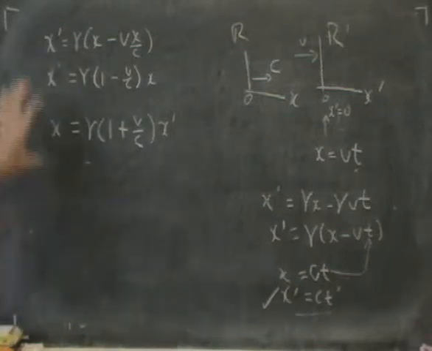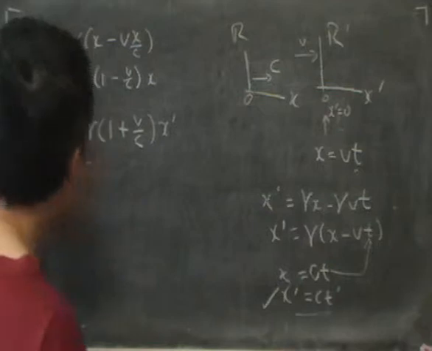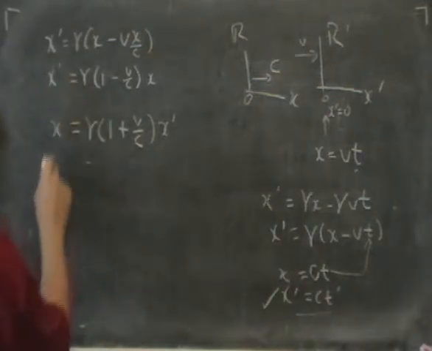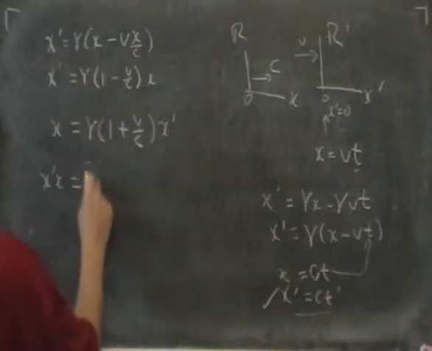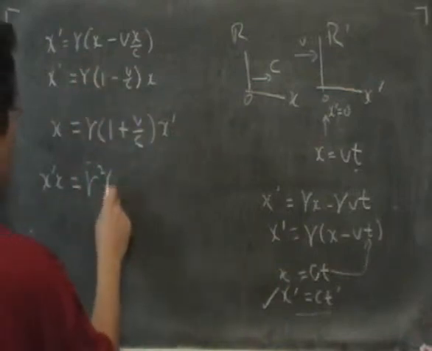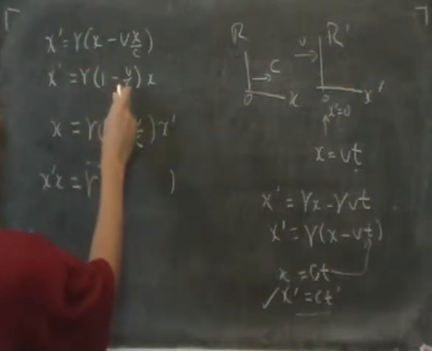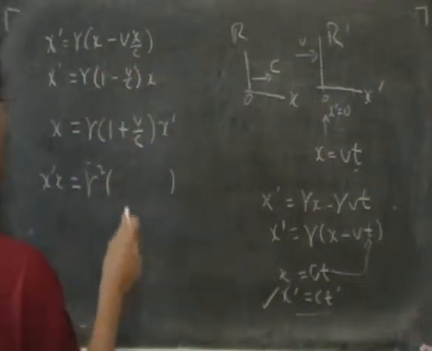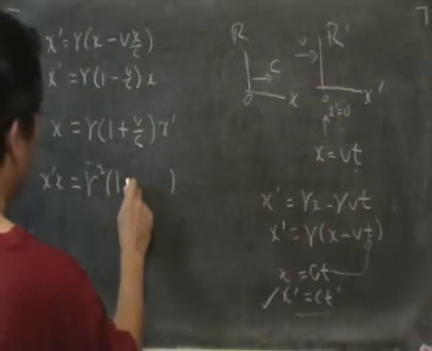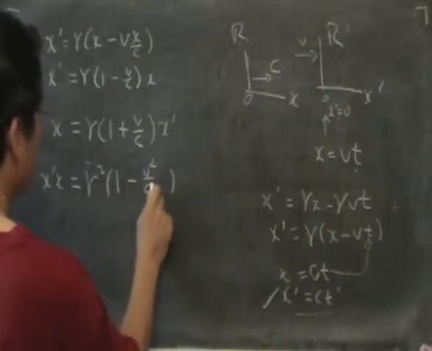What we could do is multiply those two equations. If I multiply these two, I get x prime x, multiplied by gamma squared. Now if I multiply 1 minus v over c by 1 plus v over c, when I expand that, I get 1 minus v squared over c squared.